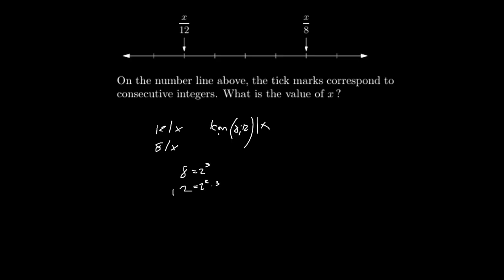The least common multiple needs to have these primes at the highest power. So what would that mean?